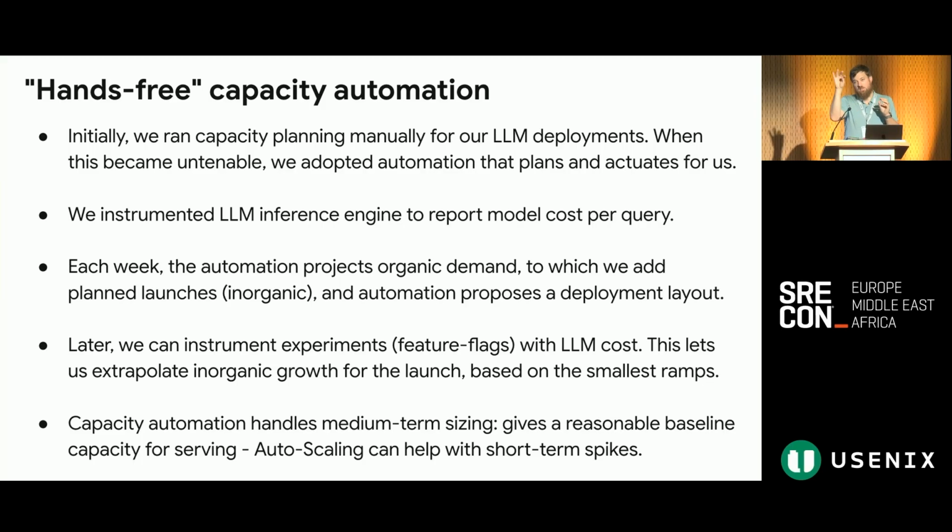You can extrapolate the cost for the QPS that you expect to come and use that to get an even more fine-grained estimate of demand. Especially useful here is that once you do automation, you can run this process more frequently. Instead of doing it weekly, you can do it daily or 2 times a day. And as you tighten up that loop, you have fewer chips lying around because you're moving to more of a just-in-time process.